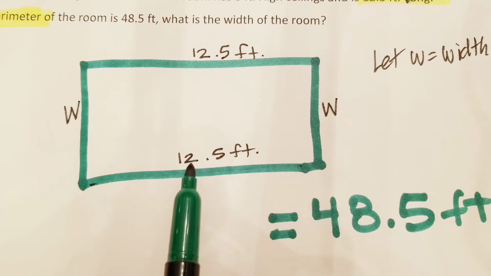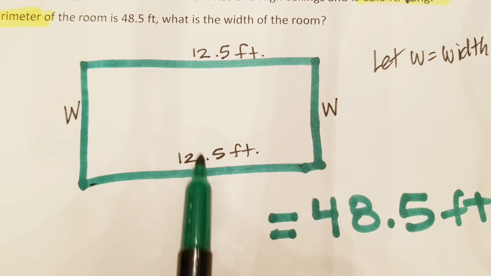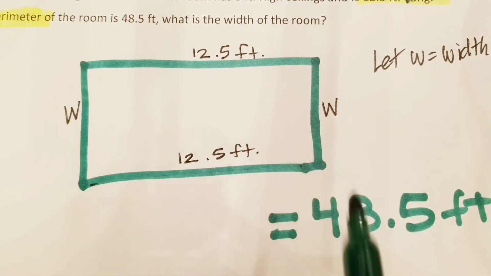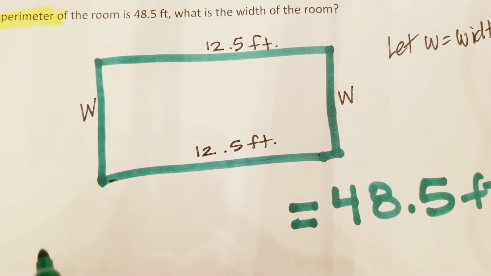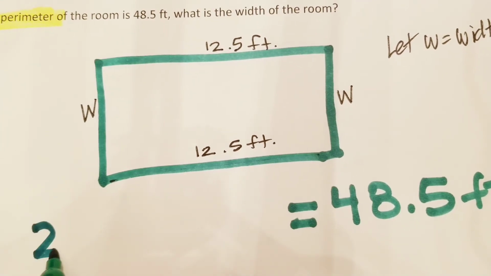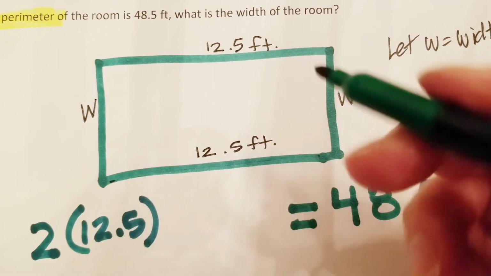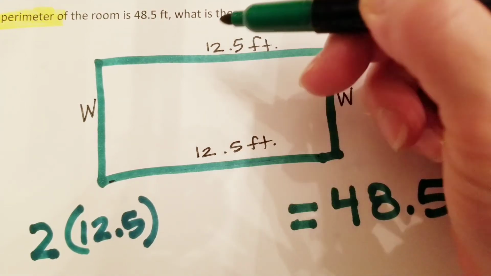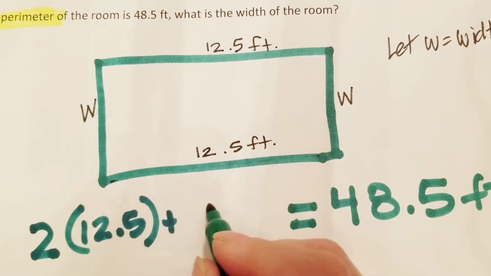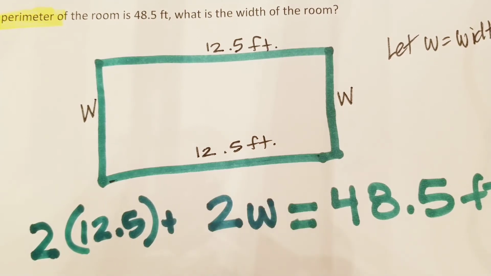However, since you just have two lengths and two widths, it would make sense to write it like this: 2 times 12.5, because you have two measurements there, plus 2 times W. Makes sense?